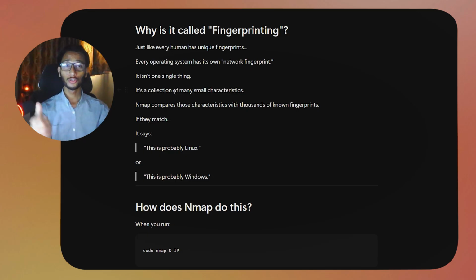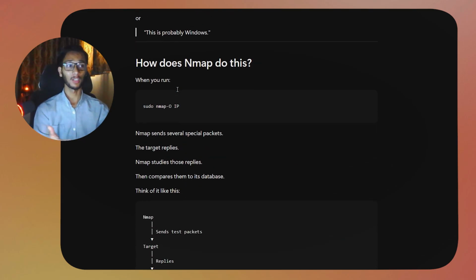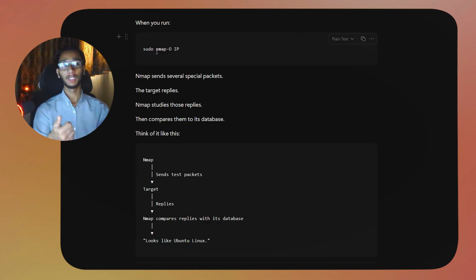Let's talk quickly about how Nmap is able to do this, how it figures it out. When we run our scan with nmap hyphen O and the target IP, it basically sends some packets to the target machine, and whatever the target replies back with, Nmap analyzes those packets.